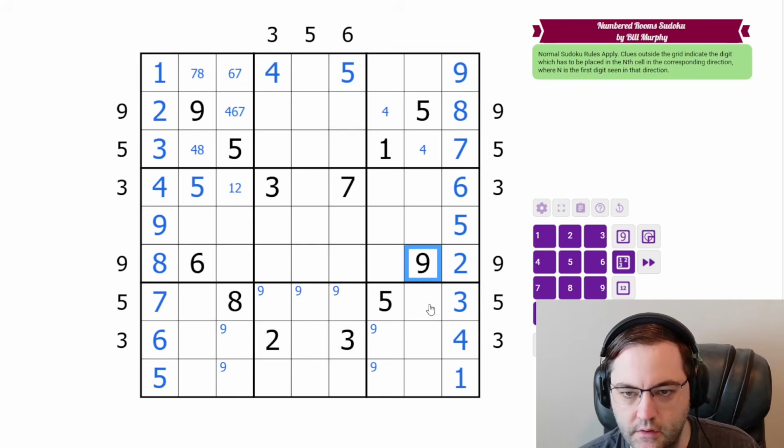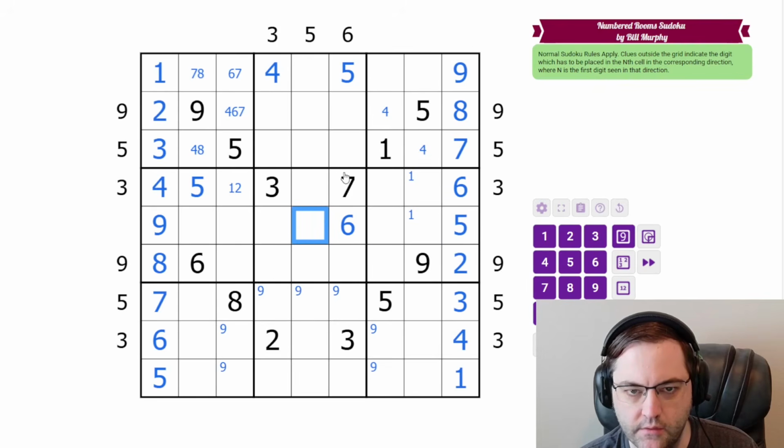So let's see. 1 goes in one of these cells. Oh, we have a 5 here now, so this is 6. Doesn't immediately give us too much. Let's think about where this 5 can go.